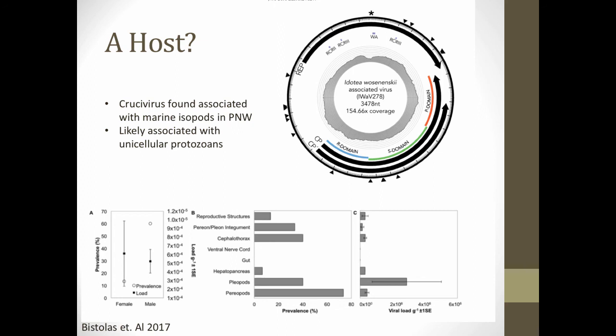At any rate, they found these crucivirus genomes associated with these isopods. And the takeaway here is that when they did qPCR to look at how often these genomes show up in specific spots, their conclusion was that these genomes are likely associated with unicellular protozoans that in turn associate with the isopods.